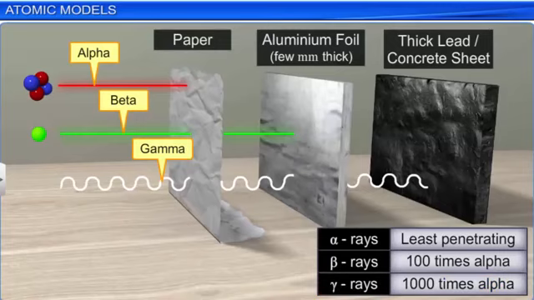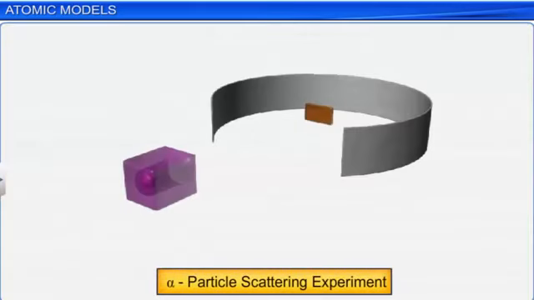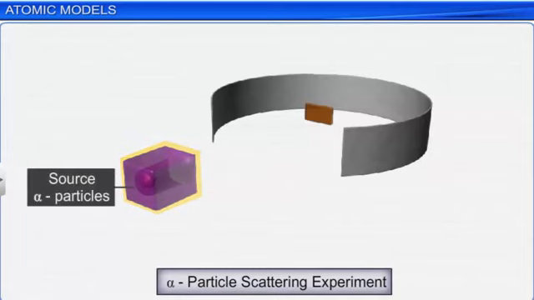Now let us move on to the alpha particle scattering experiment. In this experiment, a stream of high-energy alpha particles from a radioactive source was bombarded on a very thin gold foil. The thin gold foil had a circular fluorescent zinc sulfide screen around it.